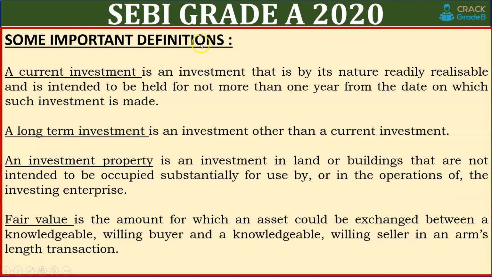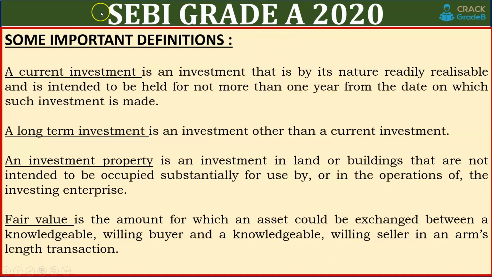Then we have some important definitions to start with. A current investment is an investment that is, by its nature, readily realizable and is intended to be held for not more than 1 year from the date on which such investment is made. We all know from the very beginning of accounting that assets are categorized into two types, current and non-current. Same, liabilities are also categorized into two types. So whenever we use the word current, it means that it should be realizable or held with us for not more than 1 year.